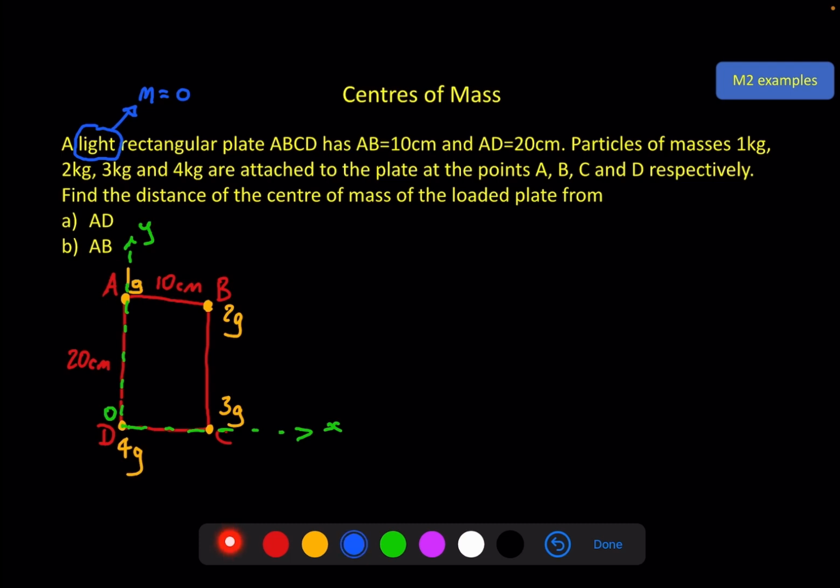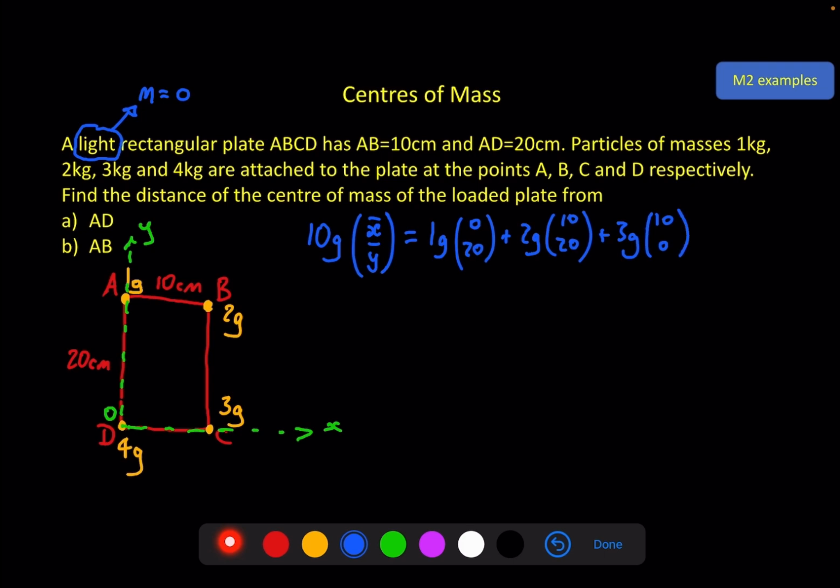Our combined masses, 1, 2, 3, and 4, gives us 10g on the left, times by x bar, y bar. Now that has to equal 1g times (0, 20) plus 2g times (10, 20) plus 3g times (10, 0) and 4g times (0, 0).